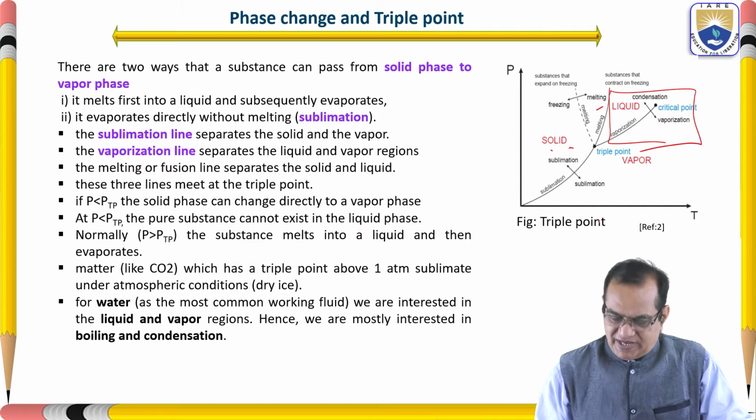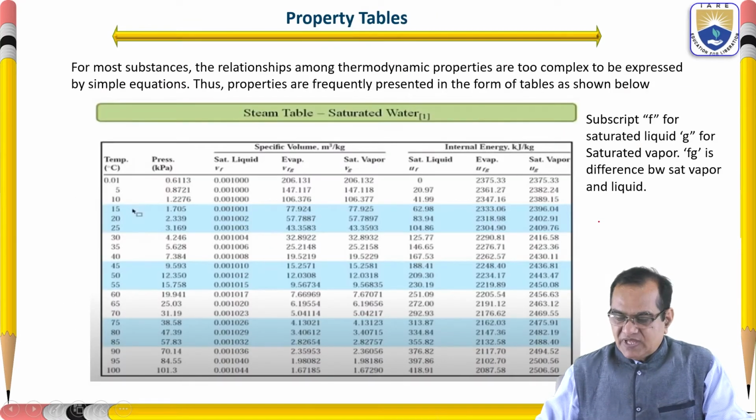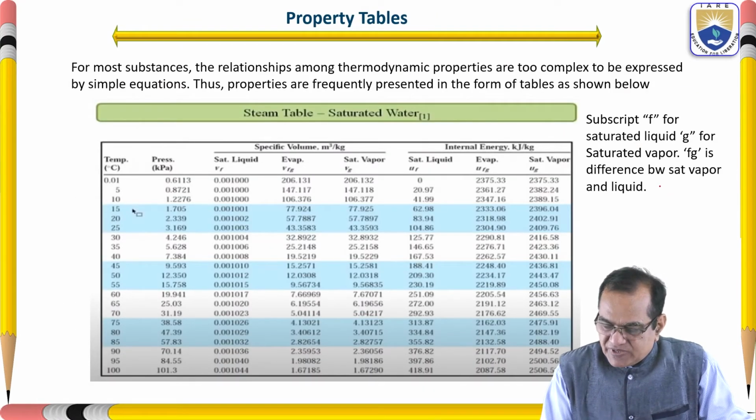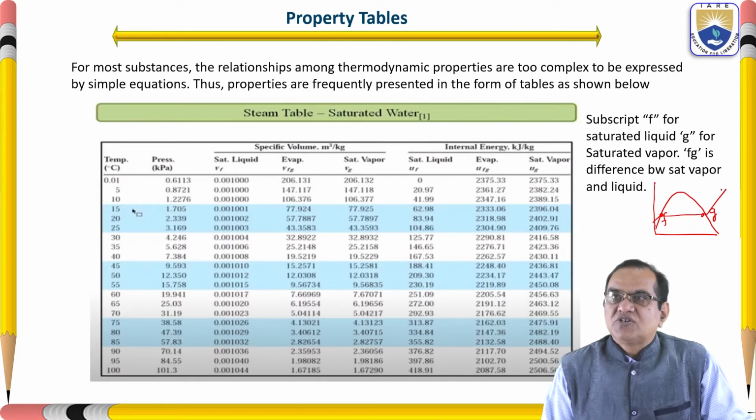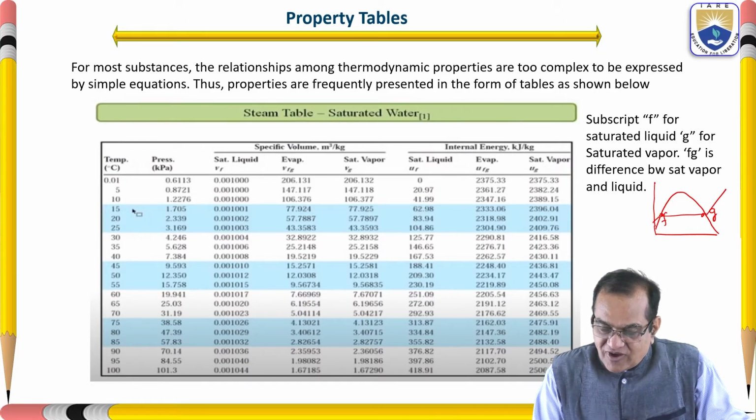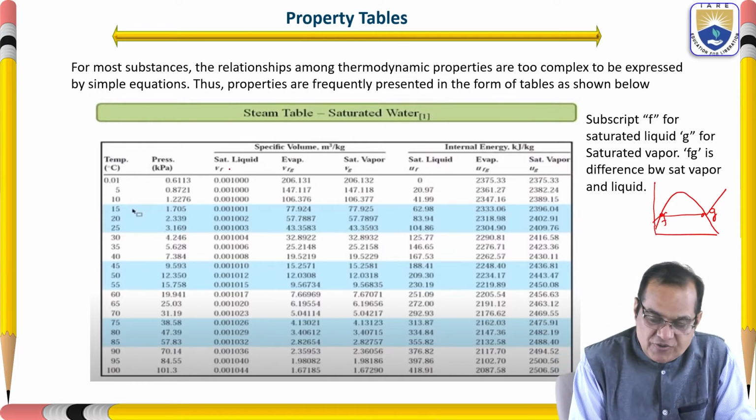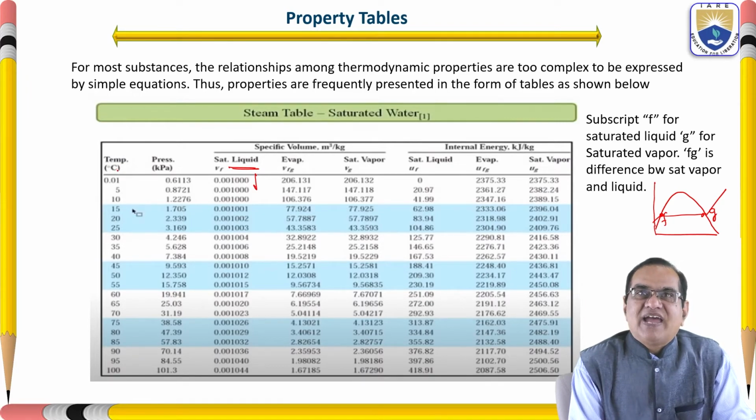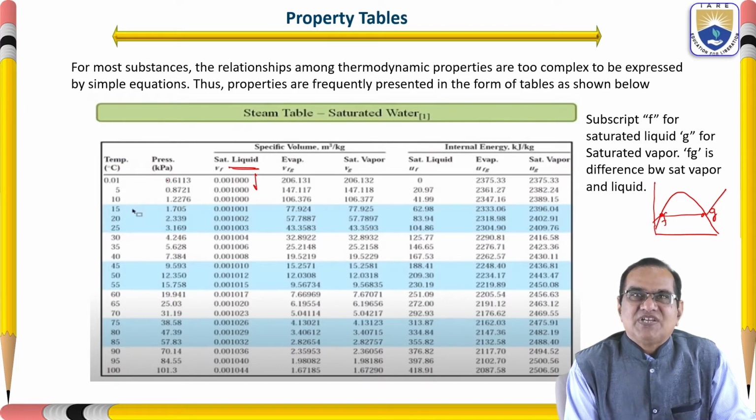If I want to show this in a diagram, you can see that if I draw a diagram like this, this point is f and this point is g. So if you want to find out for saturated liquid, you have to go in this. Here temperature and pressure are given. So at this temperature, what will be the Vf?